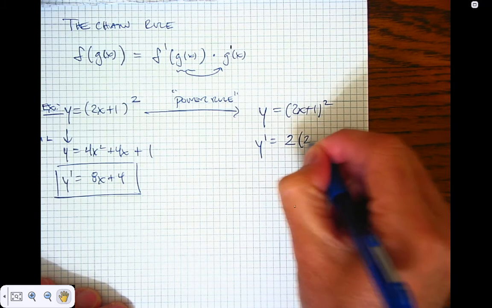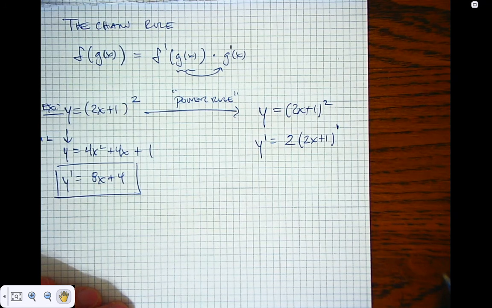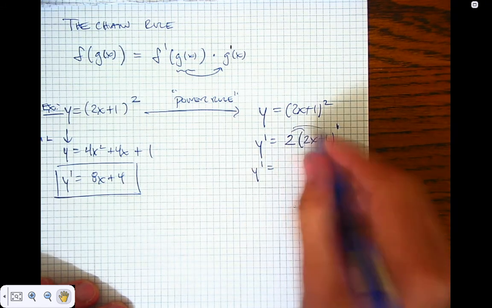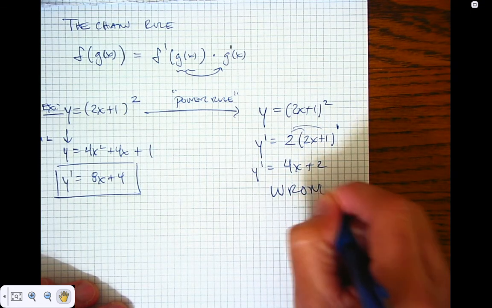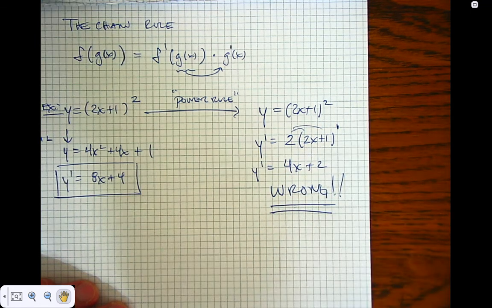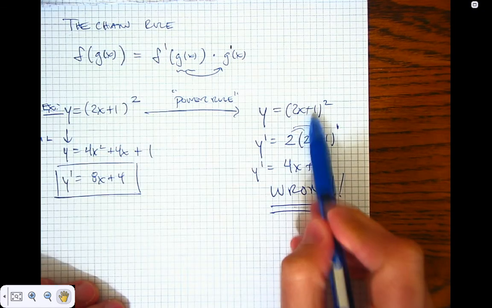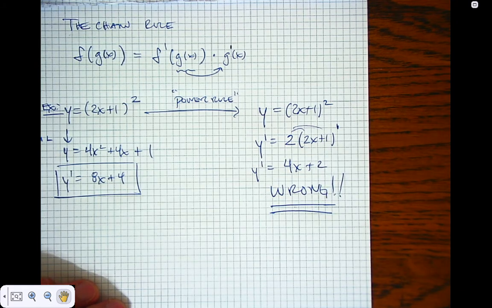We would multiply by (2x + 1) to the power of 1, and we'd be done. That says the derivative should be 4x plus 2. That is wrong. It's wrong because you need the chain rule, because you have this function inside that we never took the derivative of.